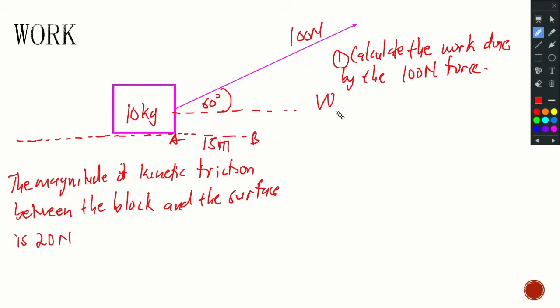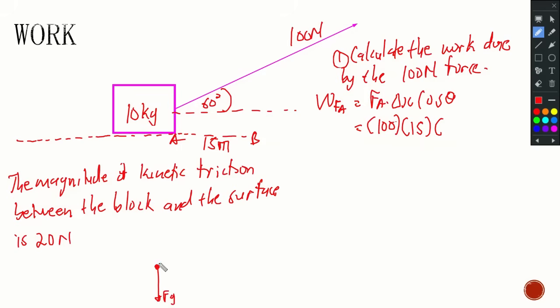So we'll have work done by the force applied is FA delta X and then cos theta. Your force applied is 100. Your delta X is 15. But now cos theta, what would be the angle? Let's check. If we draw a free body diagram, this is your gravitational force. This is your normal force. This is your kinetic frictional force. And this is the force applied, right? And right here, this is your displacement.